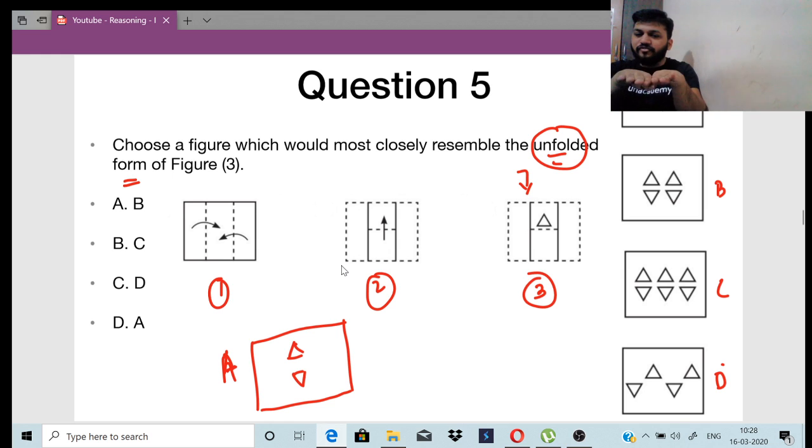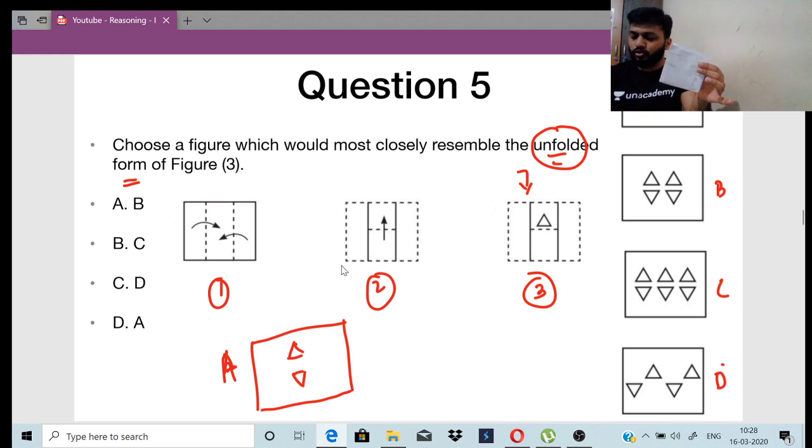I am folding the paper like this, then I am folding this one, then I am folding this one. Folding causes a lot of problems. Okay, I am folding like this, then I fold like this, then I fold like this.